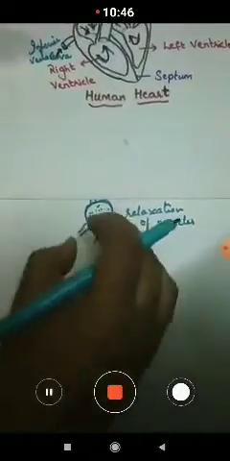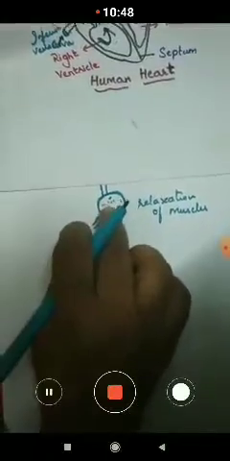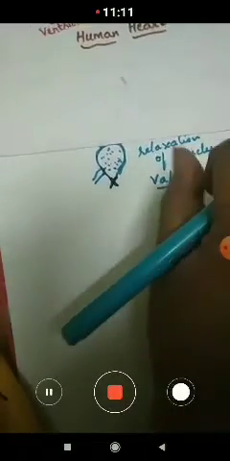So as the blood in the right auricle creates pressure and the muscles relax, what happens to the valve? What is this valve? Just as you have a valve in your cycle tire, when you fill the air into your tire, you close the valve. Why do you close the valve? So as to prevent the air from flowing outside. You close it so that the air does not go out.